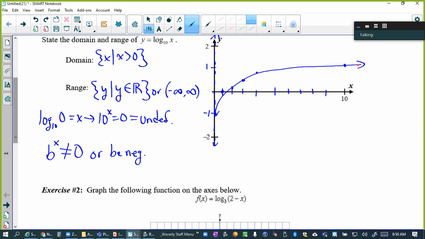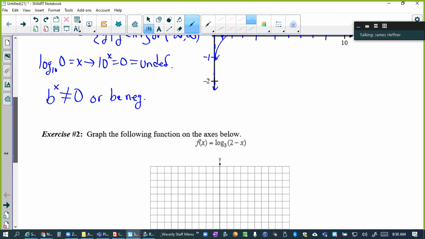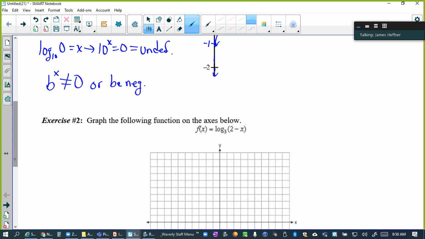All right. So before we get to this next function here, if you're using this online calculator, remember it only has base of 10 or natural log base e. Let me give you a quick note. So that even if your calculator only does base 10 logarithms, there is what's called a change of base formula.